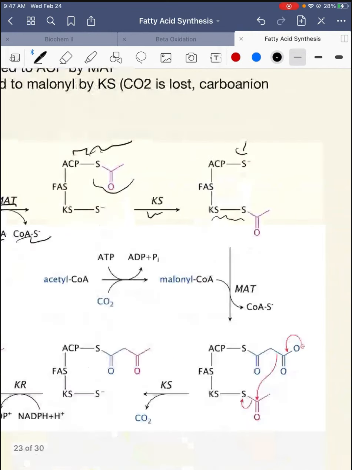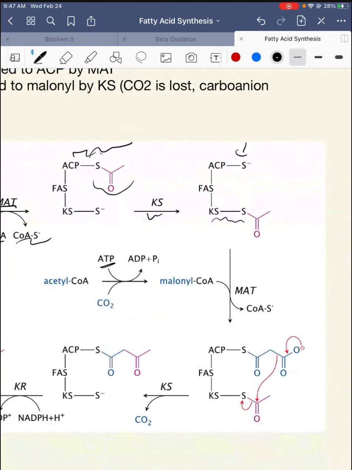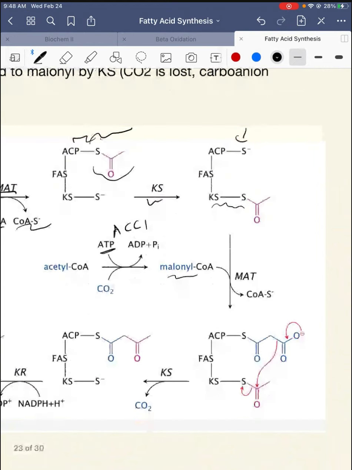MAT then uses ATP. So this is one of the steps that uses ATP, and then we attach. Oh wait, I'm sorry. This is not one of the steps that uses ATP. This is ACC. So malonyl-CoA is made from ACC1. MAT takes malonyl-CoA and we attach it on the ACP site.